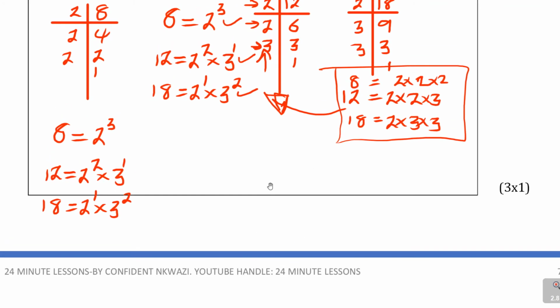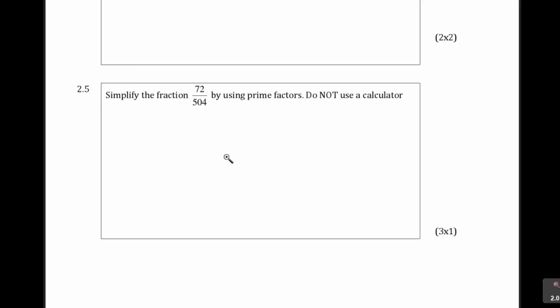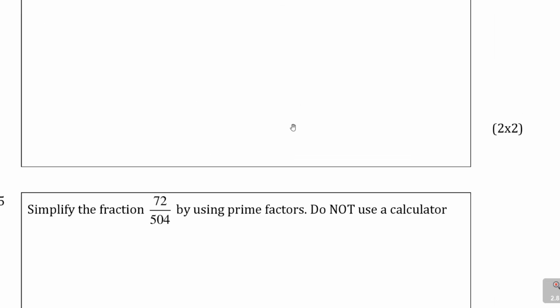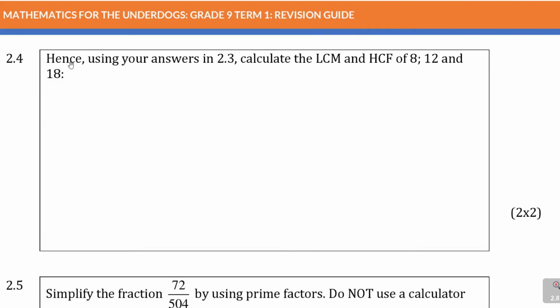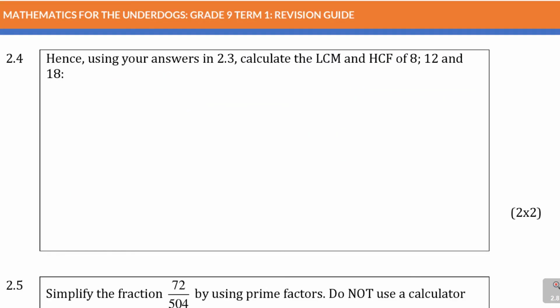Now let's look at the next part of this question. The next part says, because there are 2 parts in this, it says hence using your answer in 2.3, calculate the LCM and HCF of 8, 12, and 18. That's where now it comes in handy. So you know our 8, if I can write down again, we said our 8 was equal to 2 to the power of 3.